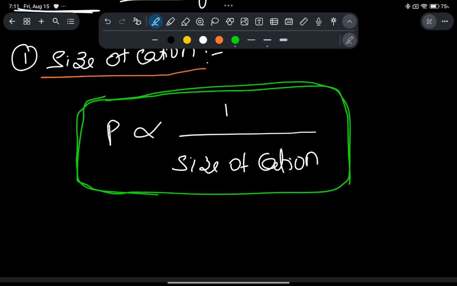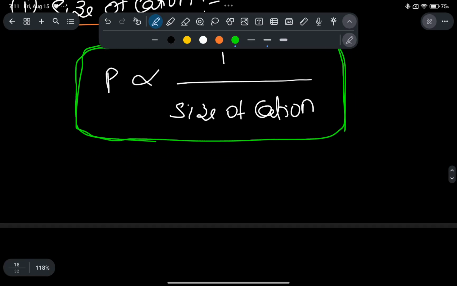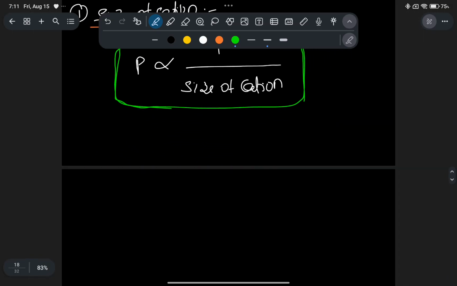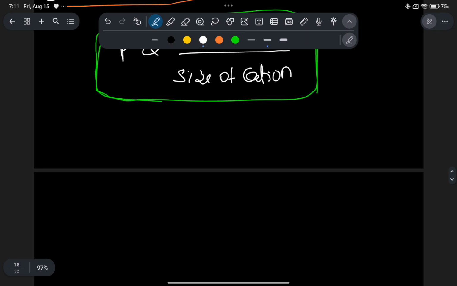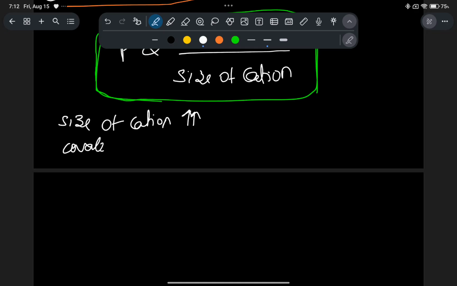Ionic character is inversely proportional to polarization. So what I've written is the same: size of cation increases, covalent character decreases, ionic character increases.